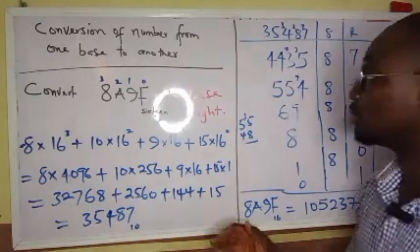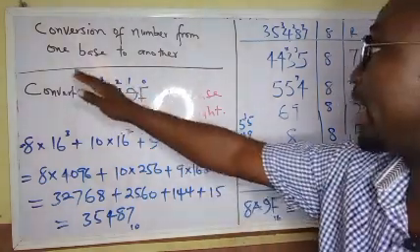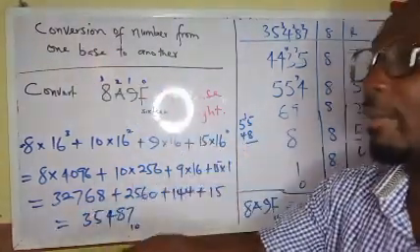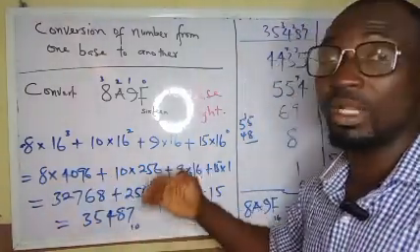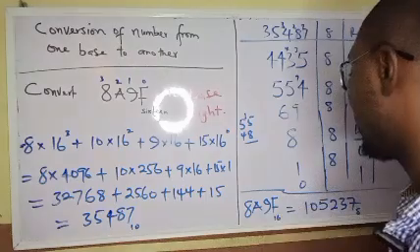And that is how you convert from one base to another. If you are converting from one base to another, you must first convert to base 10, then from that base 10 to that number base.